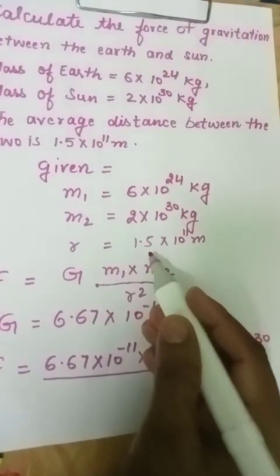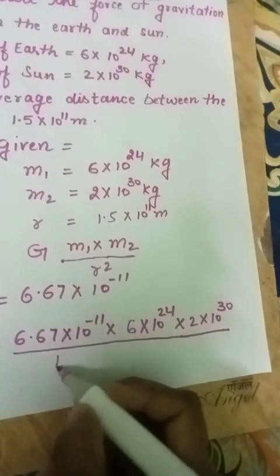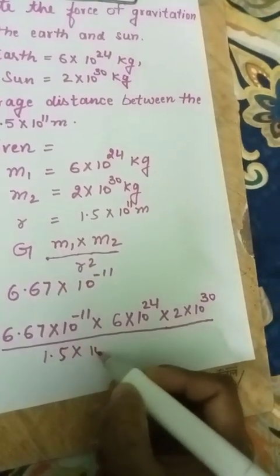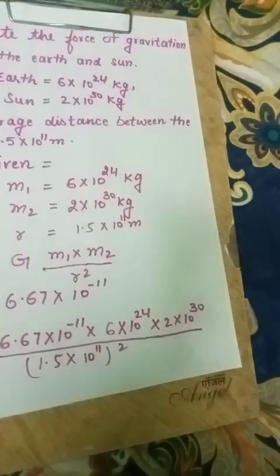So the value of r is equal to 1.5 into 10 raised to power 11 meters. So we are putting the same value here, 1.5 into 10 raised to power 11 whole square.